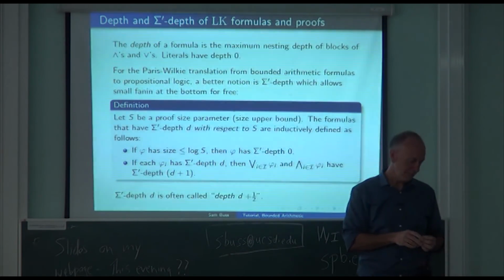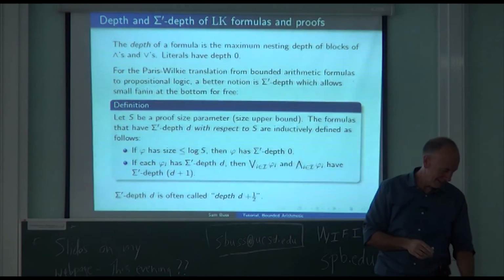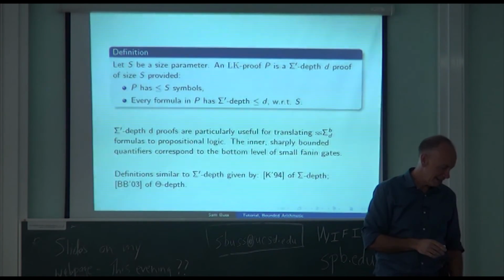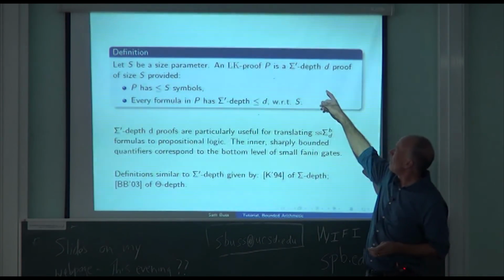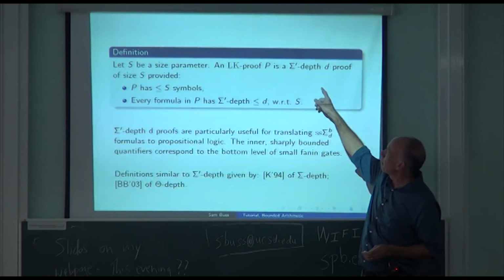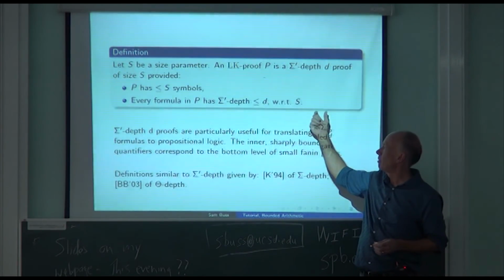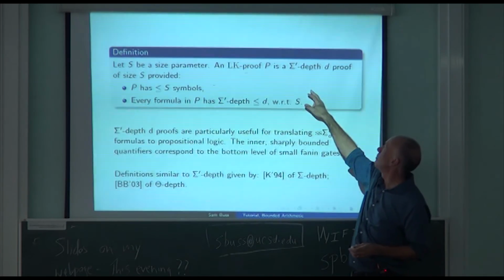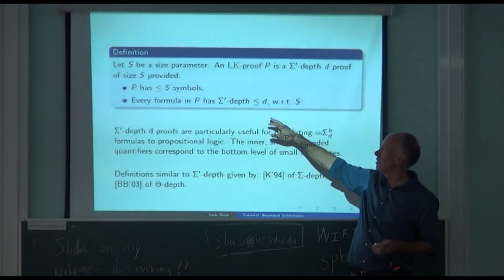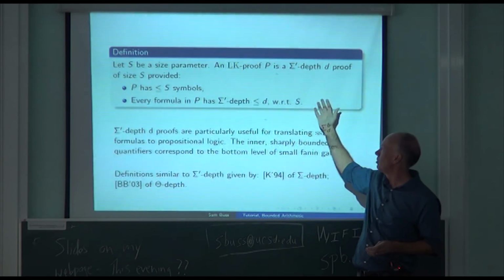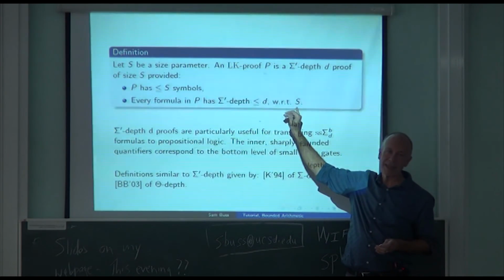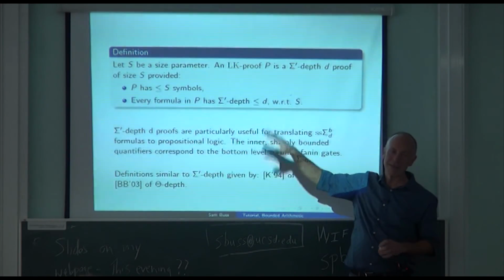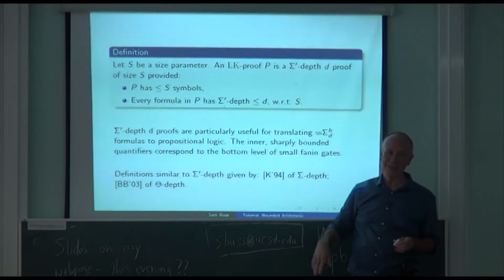Okay. And the rest of the definitions, I already said all this stuff. So an LK proof P is sigma prime depth D if all the formulas in P have sigma prime depth at most D. And remember, sigma prime depth is with respect to some size S. So if you have an extra big proof, you can have a little bit bigger fan-in at the bottom.